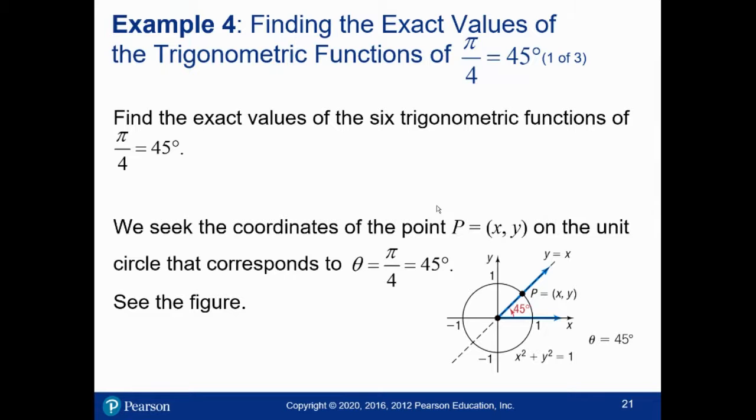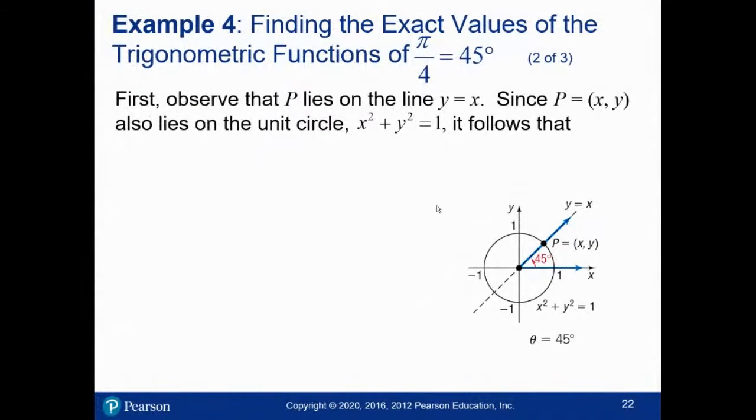So what we need to do is use the fact that this is the line y equals x, a nice symmetric line. And by symmetric, I mean if this angle is 45 degrees or pi/4 radians, then this angle is also 45 degrees or pi/4 radians. So it's cut that quadrant cleanly in half.